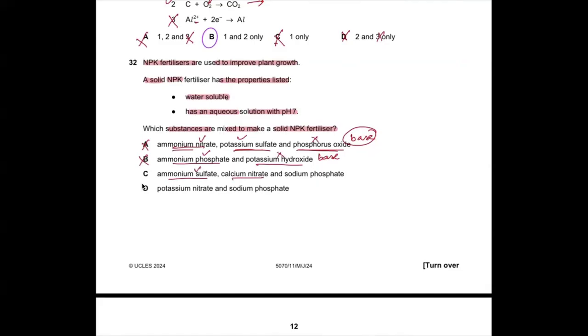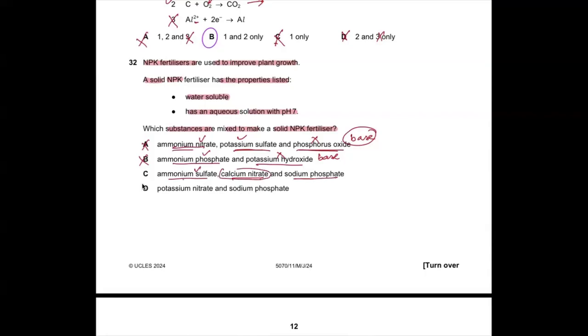Ammonium sulfate, calcium nitrate, are mixed to make NPK fertilizers. So ammonium nitrate and phosphate.